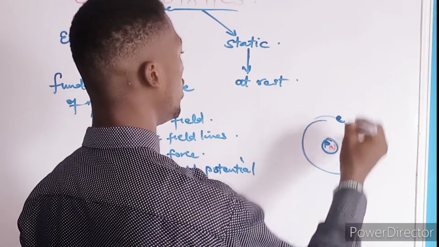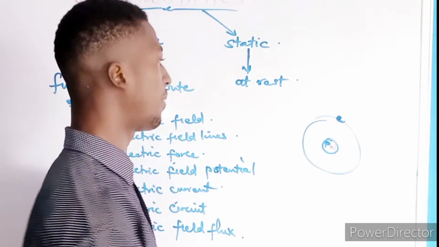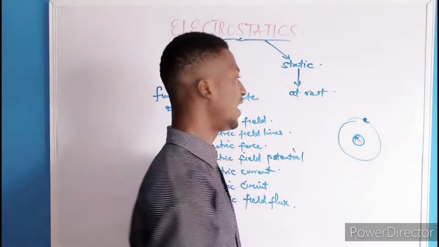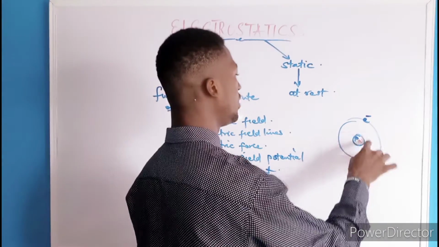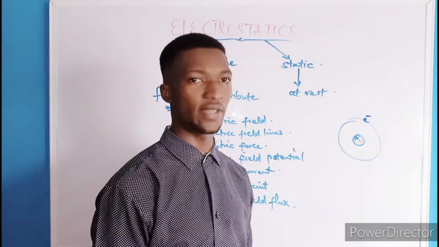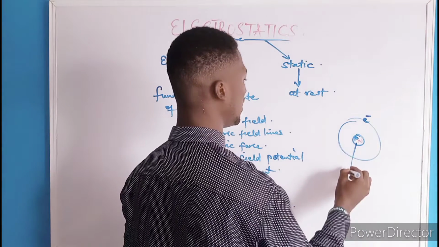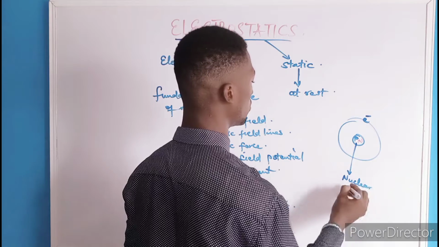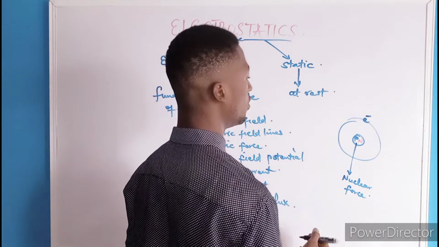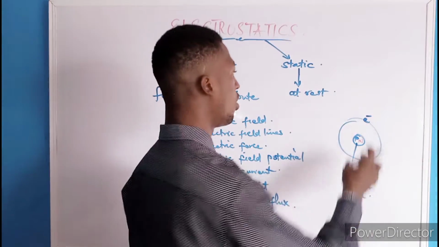It is surrounded in an orbital or shell by electrons, which are negatively charged. The protons are held together by a nuclear force. So the force that exists between protons is called the nuclear force, and this force attracts the protons together.